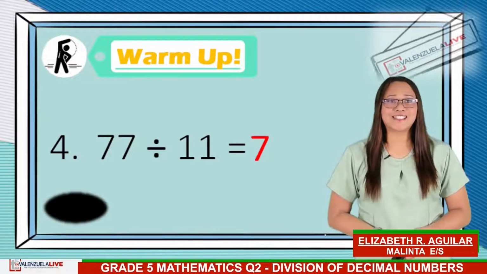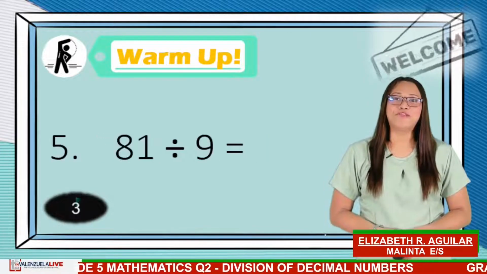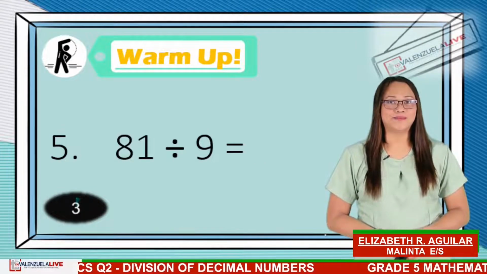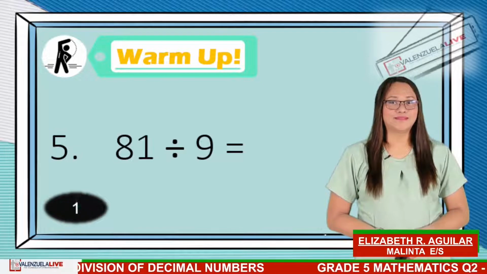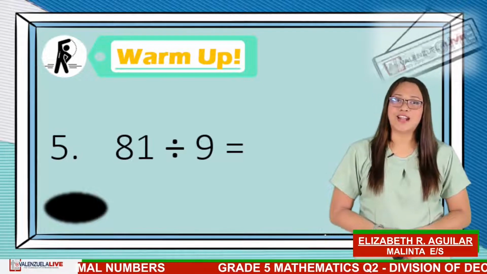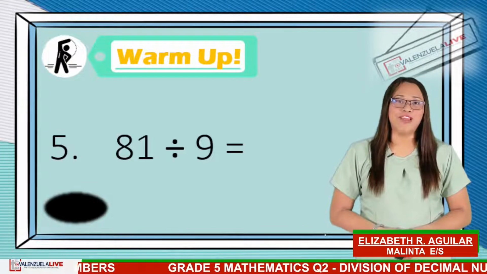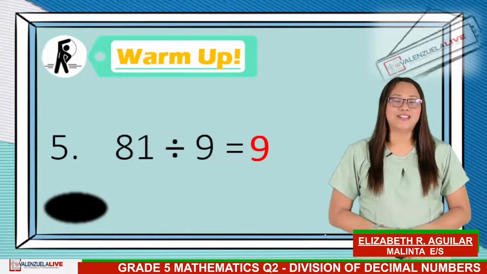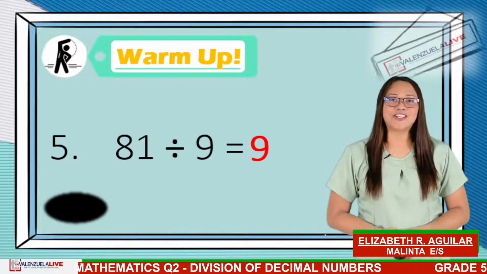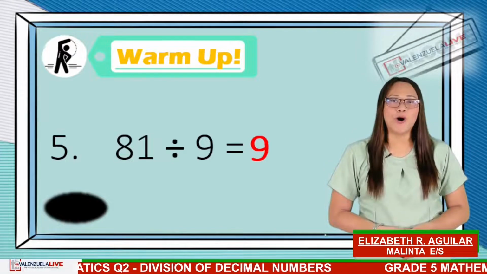That's right, it's 7. And for number 5, we have 89 divided by 9. Okay, so what's your answer? Very good, it's 9. So did you get the correct answer? Great, congratulations, mathletes. You are all amazing.